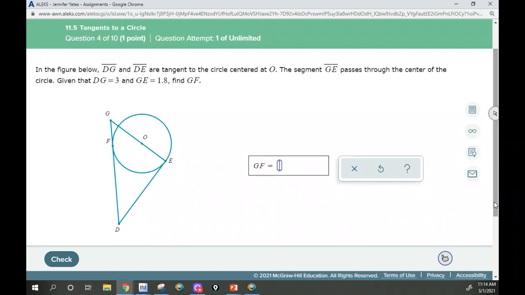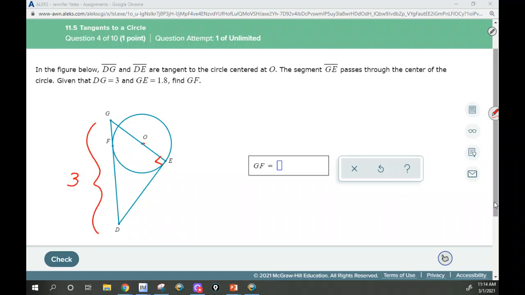All right, so let's label this one. DG and DE are tangent. So that means that's a right angle, right? Because I've got this radius right here. And then what else do we know? DG is 3, which is the whole thing.